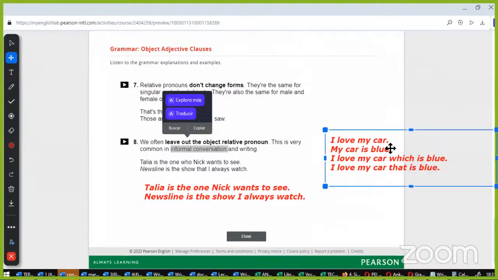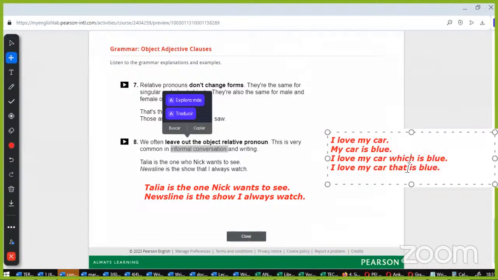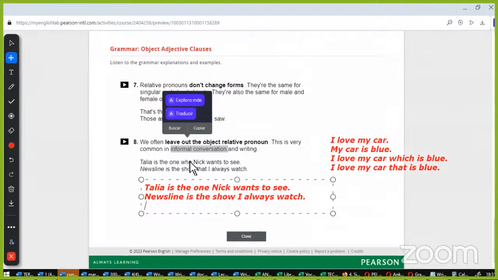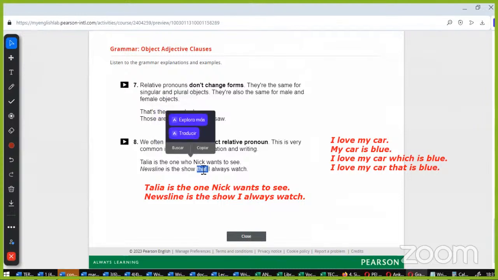I wouldn't recommend this in the top. Okay, so you could also say like, I love my car. No, you cannot erase here, but in these two cases, you can erase this or that. But it's very informal, so don't do that. It's going to be much better if you don't do it. Okay, mister. Any questions? Number 1 to 8.